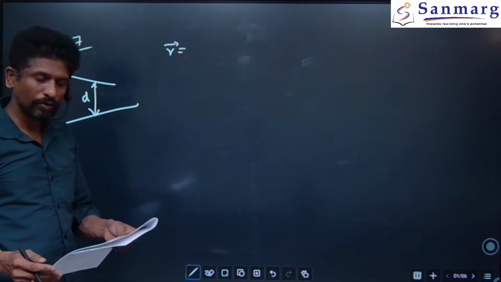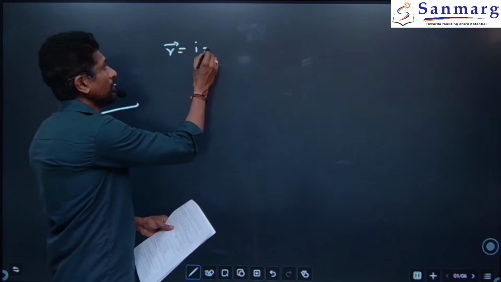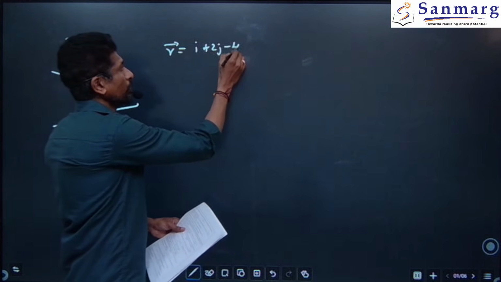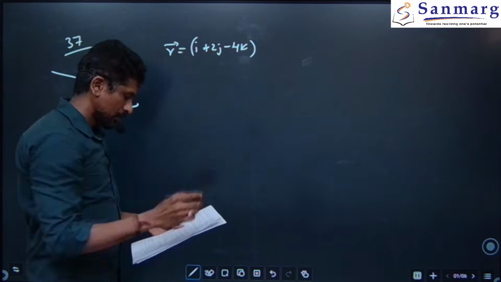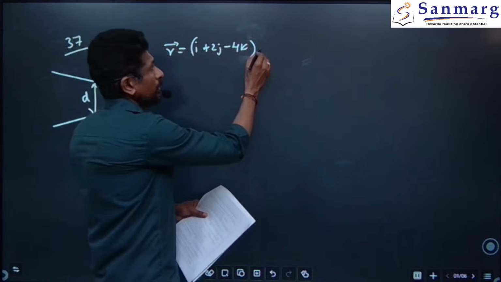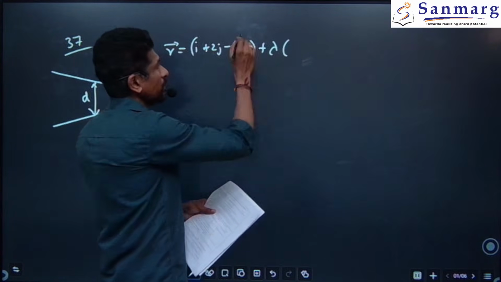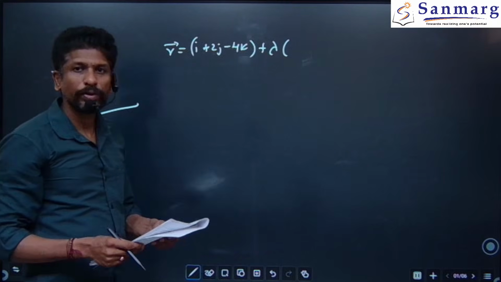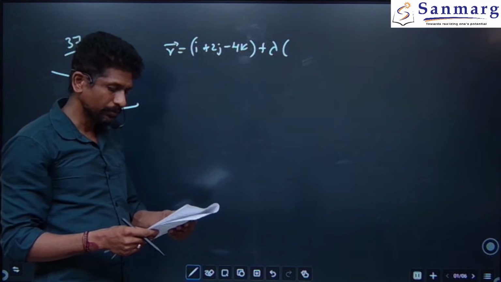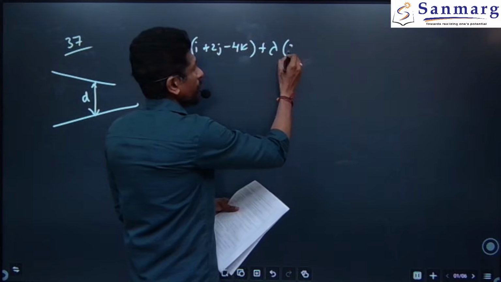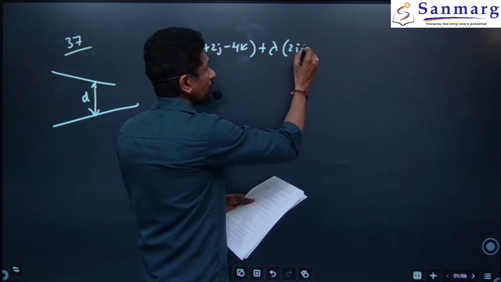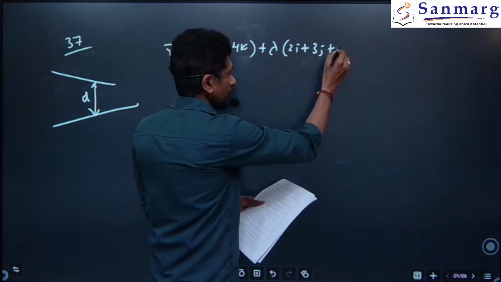The first equation of line is i plus 2j minus 4k plus lambda into, in the vector form, as you know r is equal to a plus lambda b is the equation of a line. The second b vector they are given as 2i plus 3j and 6k.